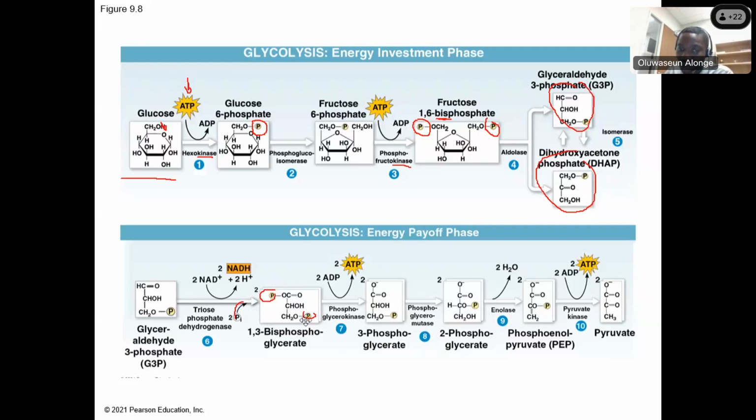Now, in the case of that, when this adds a phosphate, an electron is released. The electron is now accepted by NAD+, which is the initial electron acceptor, and then becomes reduced to NADH.